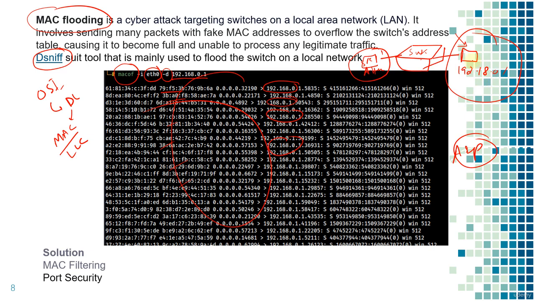This destination machine has an ARP cache, where it is going to save these MAC addresses. Let's say the limit is 15,000, meaning the maximum MAC addresses that 192.168.0.1 can hold is 15,000.